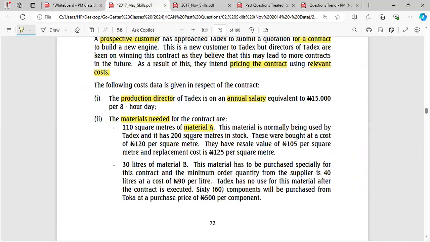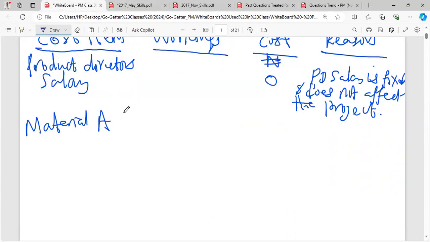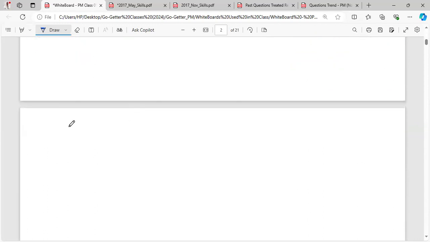The first question we are going to ask is, what is required? 110 square meters. This is what is required. So I'll say workings 1. I'll do it in workings 1. Let me go down here and do my workings.